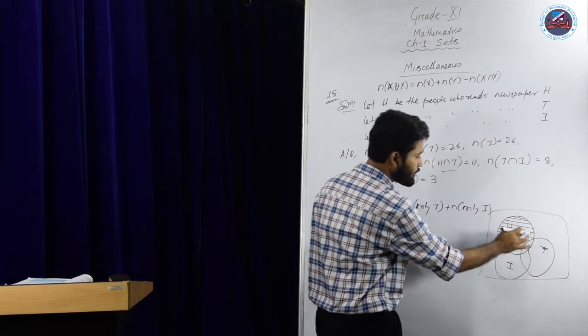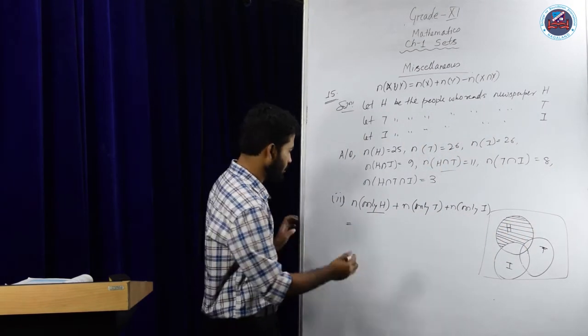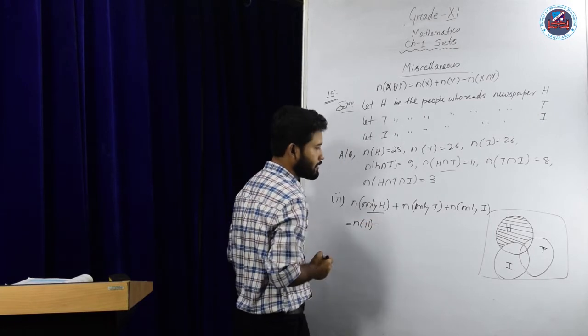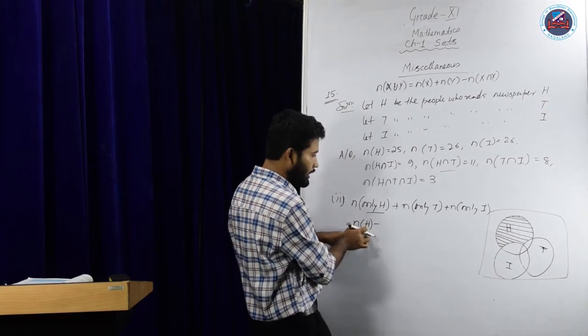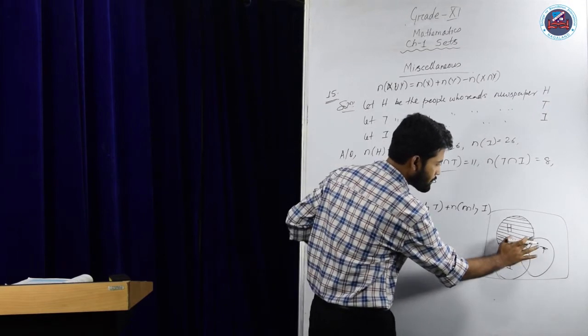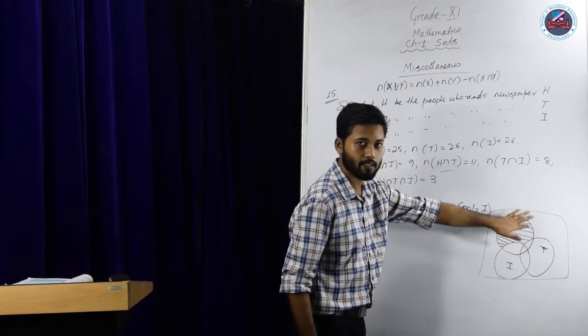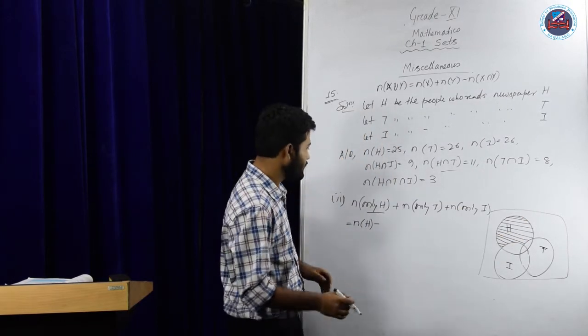That means these people are reading only the newspaper H. So for that I can consider the number of people in H. If I take the whole H, that means I've considered all of these portions as well, the whole H, isn't it?